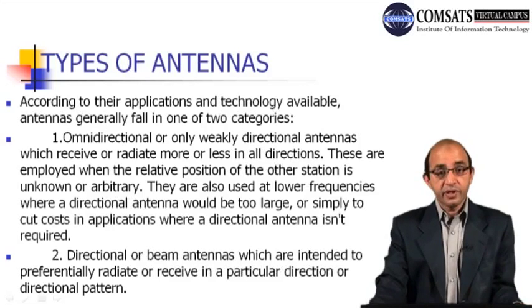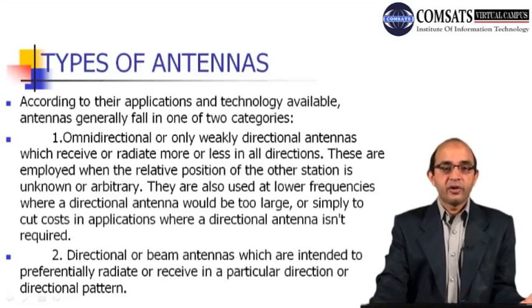And then we have the directional or beam antennas, which are intended to preferentially radiate or receive in a particular direction. If we talk about cellular communication, we have towers, and on those towers we have two types of antennas, right?